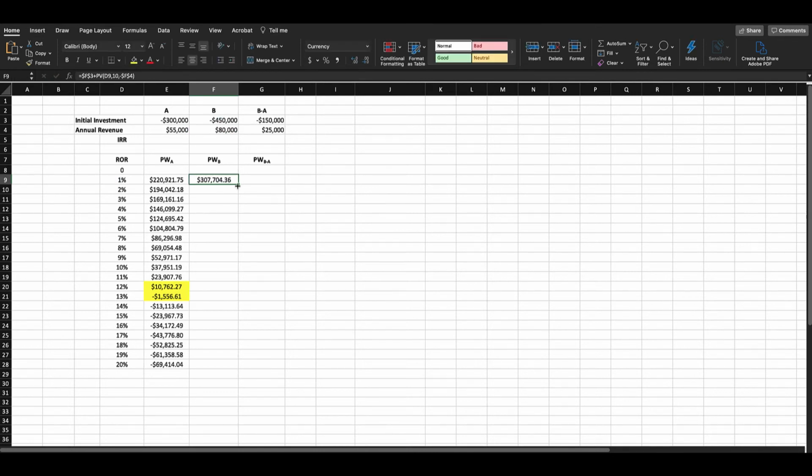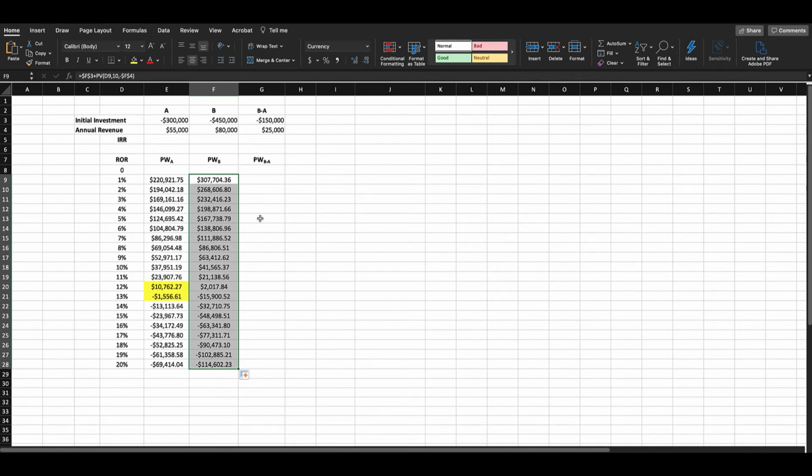Now if I copy down the calculations, you can see how the present worth for alternative B changes, and right around the same percentage, between 12 and 13%, the present worth becomes negative. So we want to know exactly what is the IRR of them, and we're going to plot them on the graph. And lastly, I'm going to calculate the present worth of cash flow B minus A here.